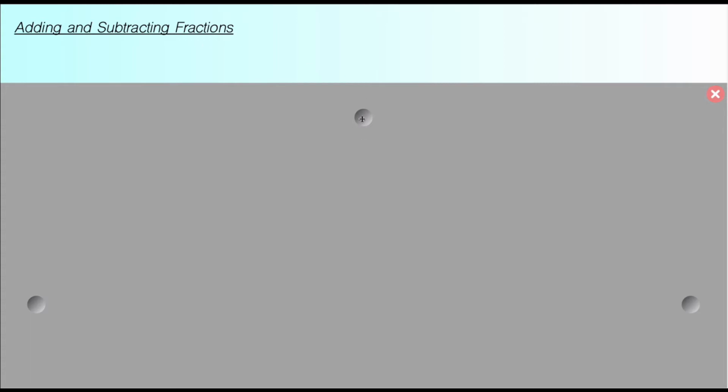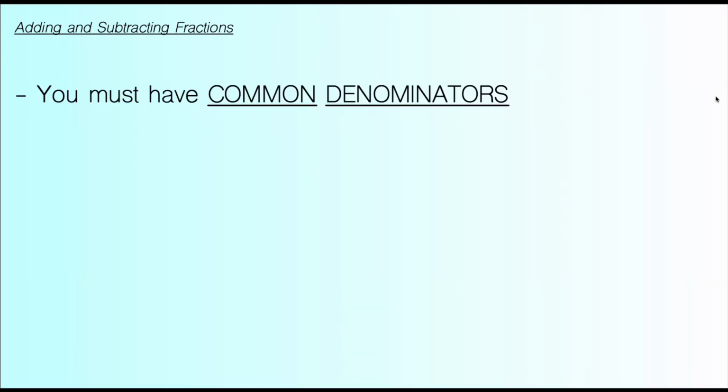So the big thing with adding and subtracting fractions is no matter what, any addition or subtraction of fractions, you must have common denominators. So you need to make sure that the denominators are the same. Before we even get into that, let's very quickly talk about the parts of a fraction.